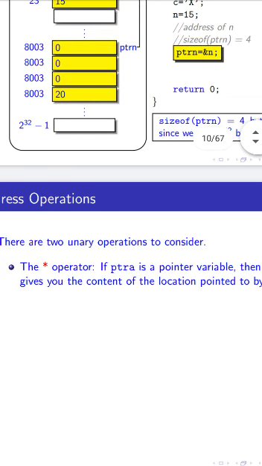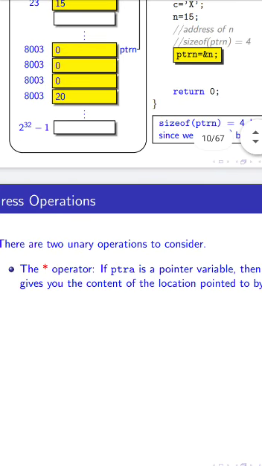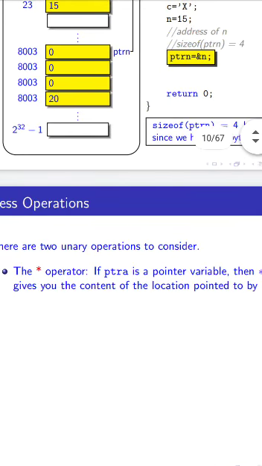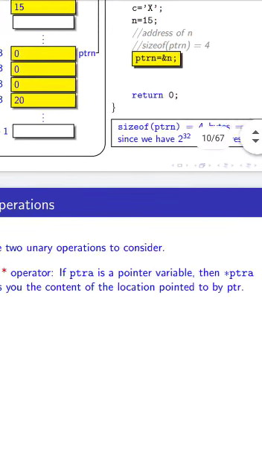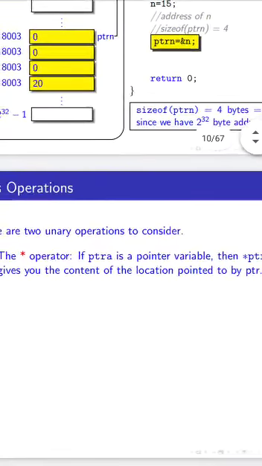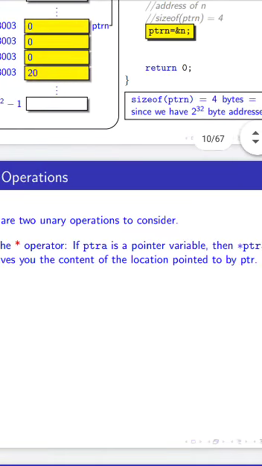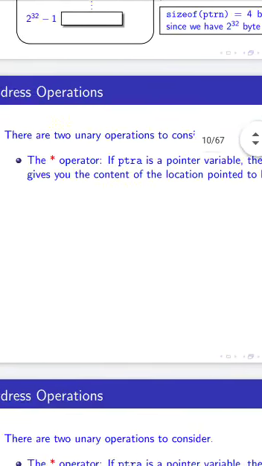Okay, so now we have only two unary operators regarding the pointer. The star or asterisk operator: if ptr is a pointer variable, then asterisk ptr gives you the content of the location pointed to by ptr. As I have said earlier, this is the same thing.